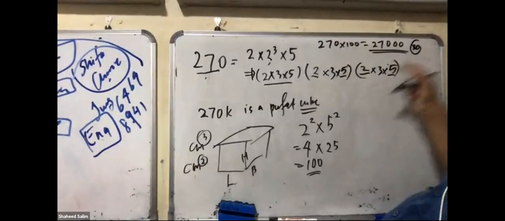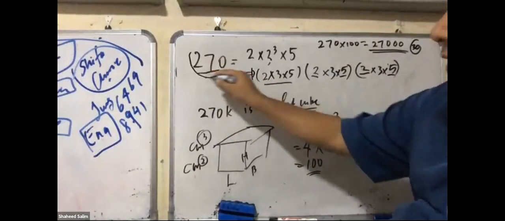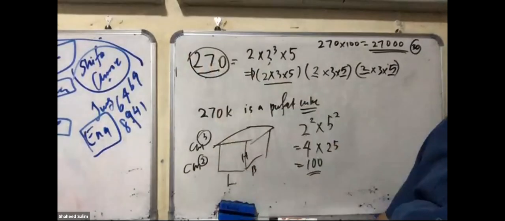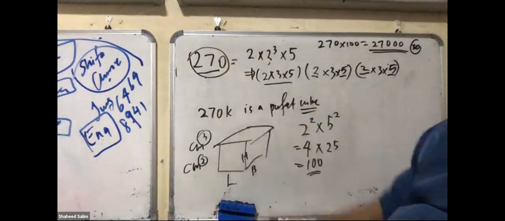Good. Can you see it's a perfect cube? You try to cube root 270. Can you cube root 270? You try?